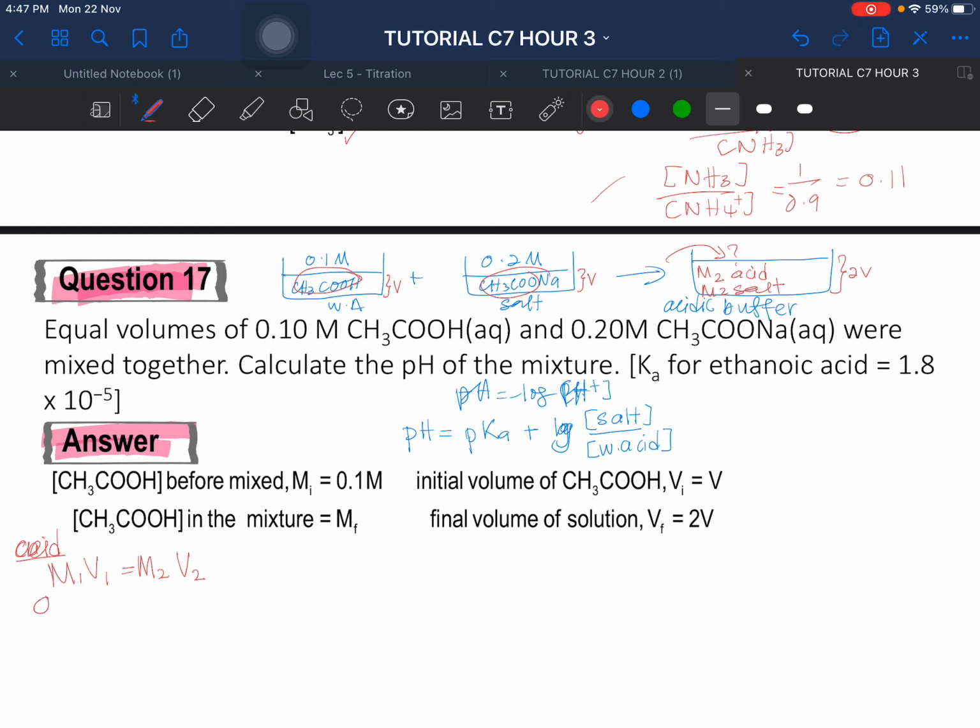Initially, it is 0.1 molar and the volume is V, times the molarity after mixing and the volume is 2V. Since V cancels with V, M2 is equal to 0.1 divided by 2, which is 0.05 molar.